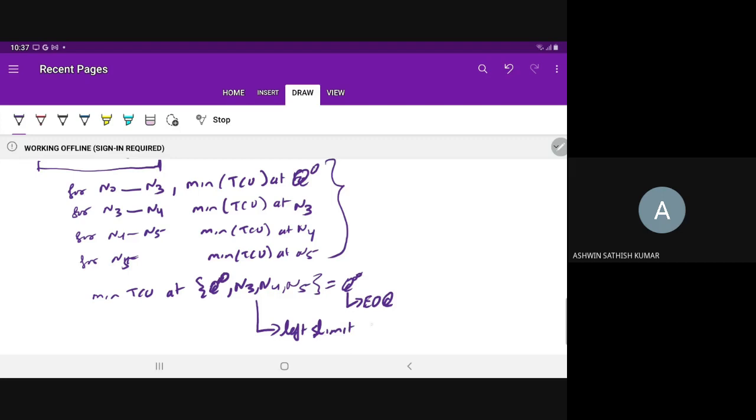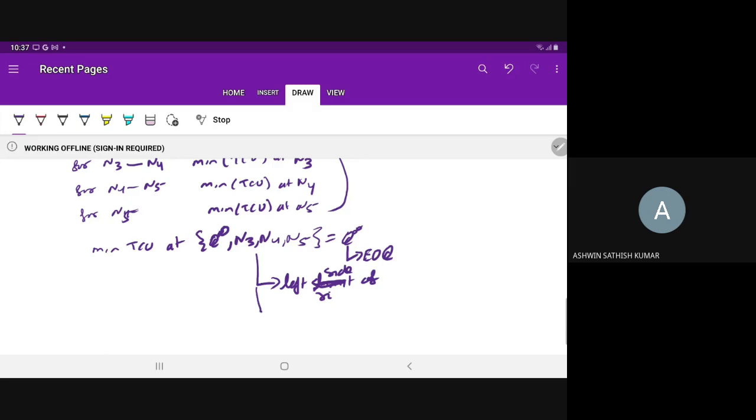left limit, or you can say the left limit of the right interval.